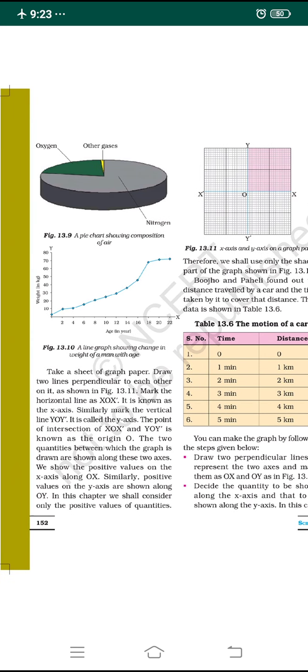That's why the pie chart has been used here. The green colored part shows the oxygen level: out of 100%, oxygen is 21%. The remaining 78% is nitrogen gas present in our atmosphere or air. Only less than 1% is other gases. That is shown through the pie chart.